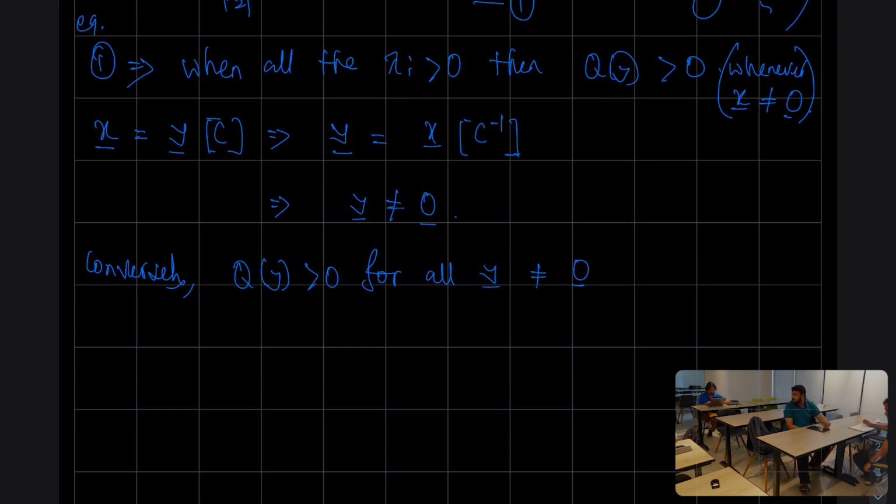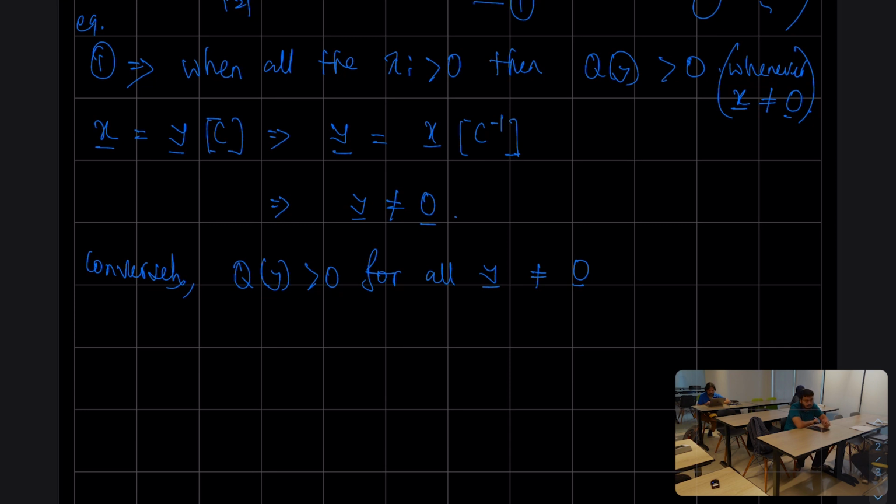In the statement, it says for all y not equal to 0, then if and only if all the eigenvalues of A are positive. That if and only if applies to y.